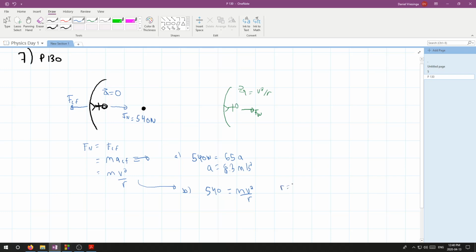The radius in the question is 150 meters, and the mass of this woman is 65 kilograms, so we can solve for velocity. I'll bring the r up and the m down and square root it. I'll skip some steps for you guys, I know you like that. Divide by 65, times 150 meters, and square root it. So the speed of this spaceship is 35.3 meters per second.